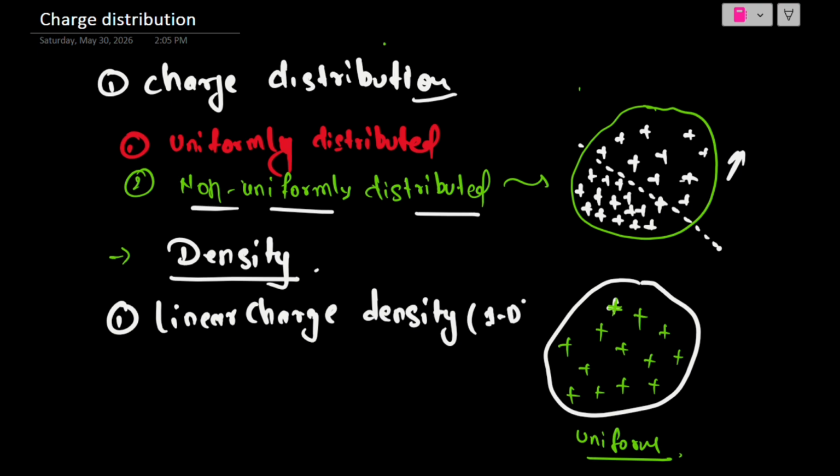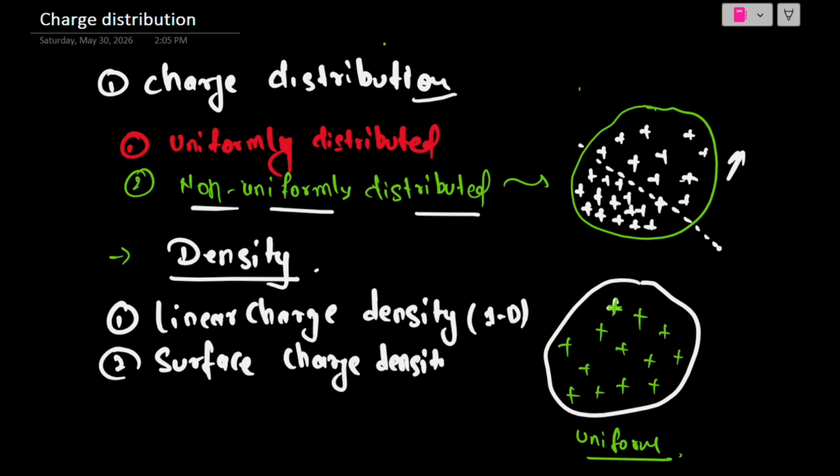The second one is what we call surface charge density. This is the charge density in a particular surface area, so it is related to a two-dimensional structure or area. And the third one is volume charge density.